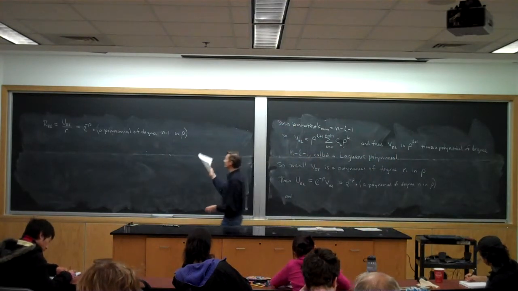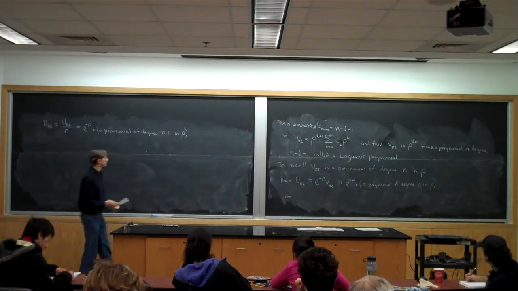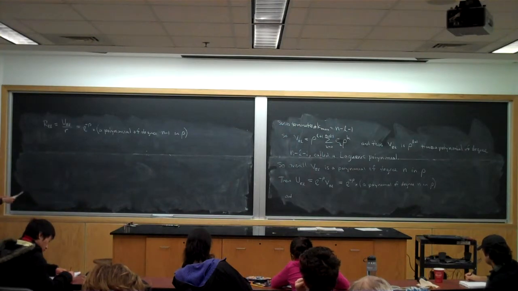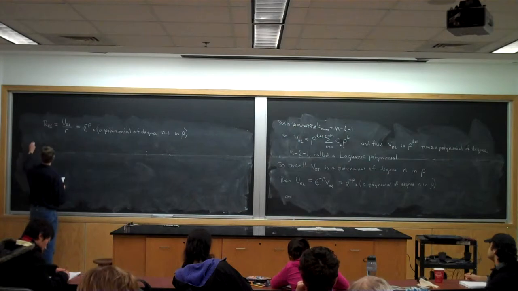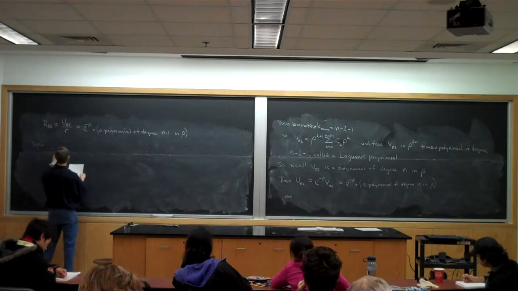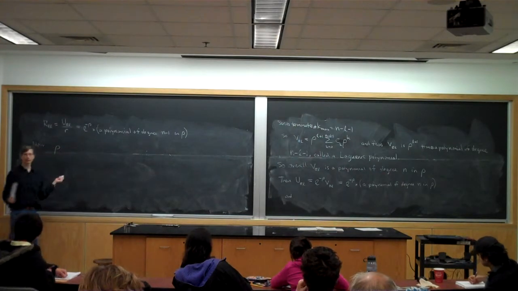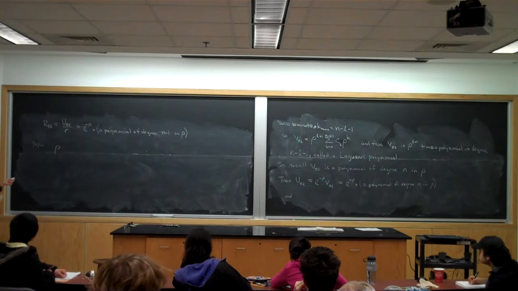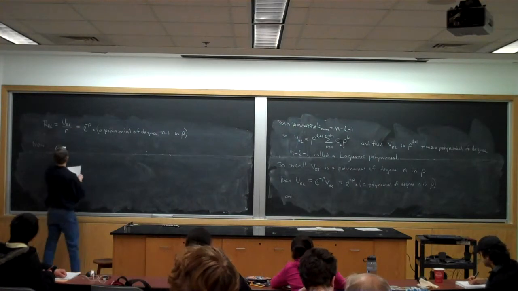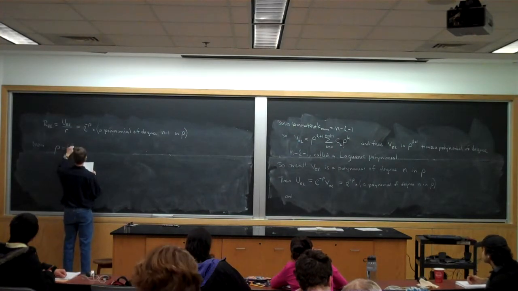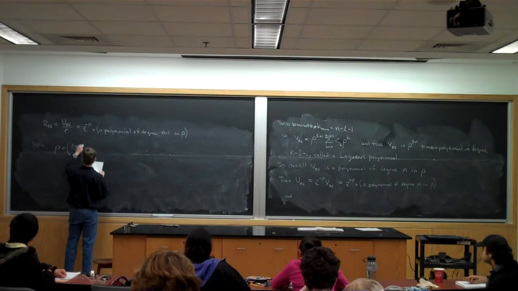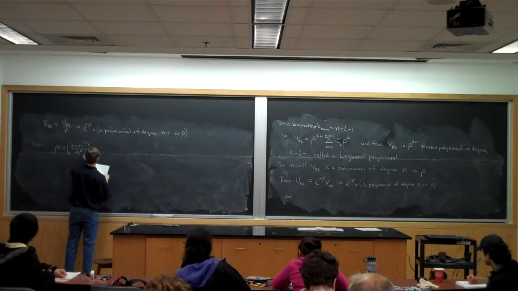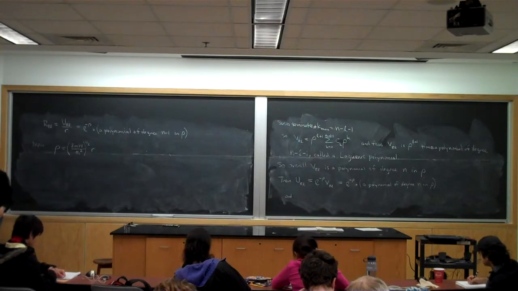So it is also a polynomial of degree n minus 1 in r, because rho was defined to be the square root of 2mW over h bar squared, times r.